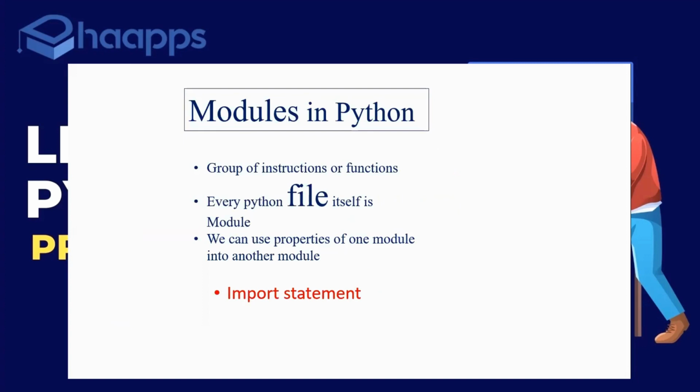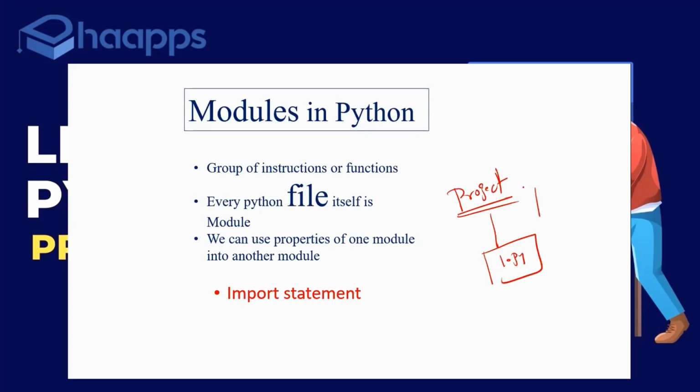Now, my dear people, consider any project. The whole project or the application, whatever you completed, will it be in one Python file? Will it contain only one Python file? No, right?